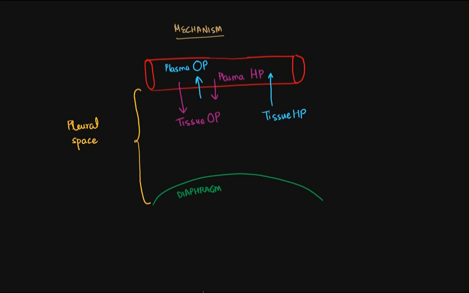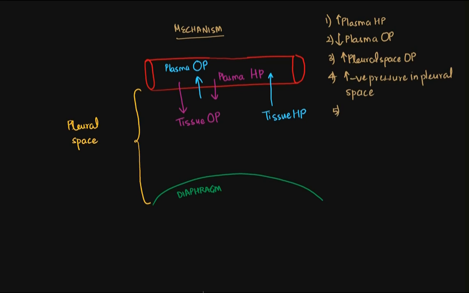So the various mechanisms of pleural effusion can include increase in plasma hydrostatic pressure, decrease in plasma oncotic pressure, increase in the pleural space oncotic pressure, increased negative pressure in the pleural space which tends to suck the fluid out, increased capillary permeability, and simple transfer through the diaphragm.